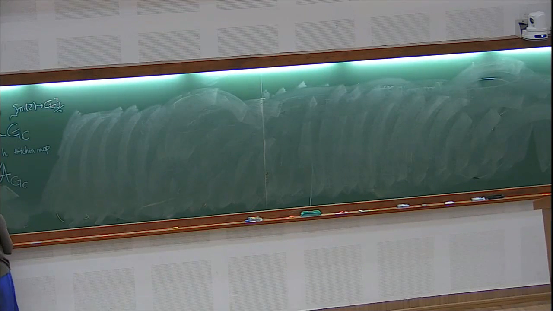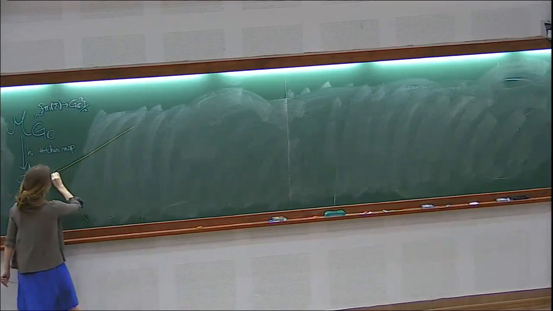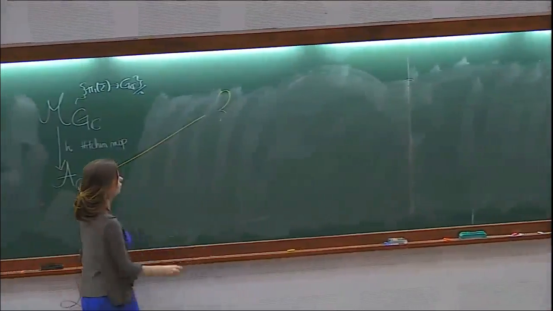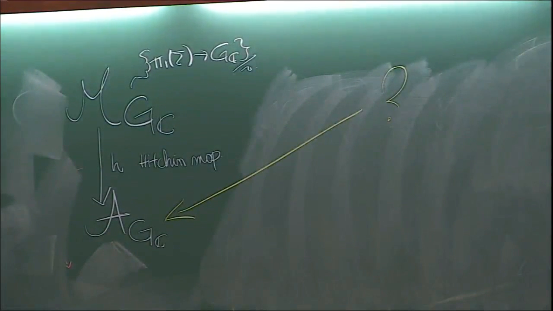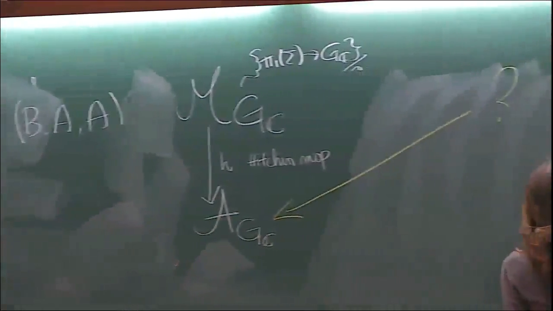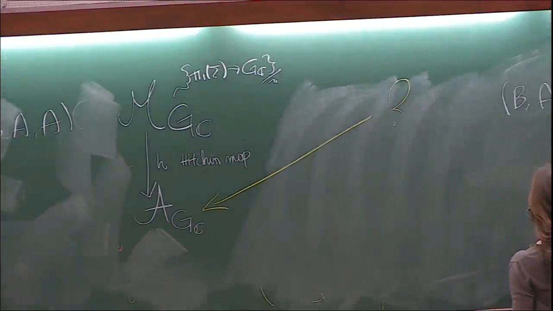So it told us if we had a BAA brane, we went to a BBB brane and so on. But now I want to ask, what other thing can I fiber over the same base? What else can I put here such that there is a correspondence between branes, which is not the one that Langlands duality gives me? Langlands duality told me that if I have a BAA, I get a BBB. But now I want to put something that gives me another BAA, fibered over the same Hitchin base.